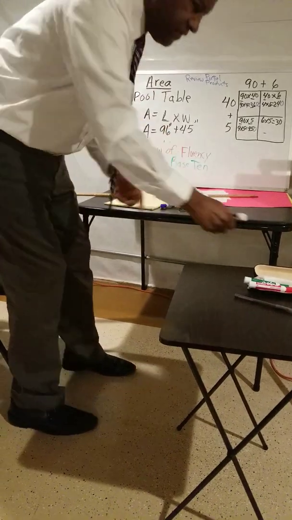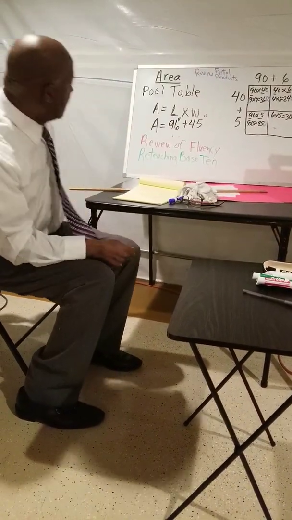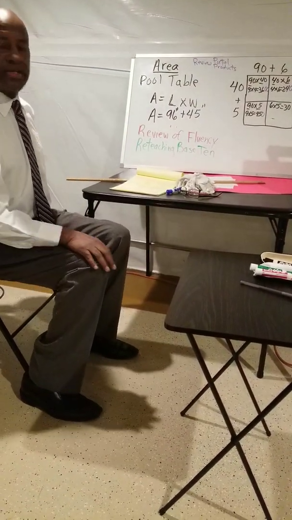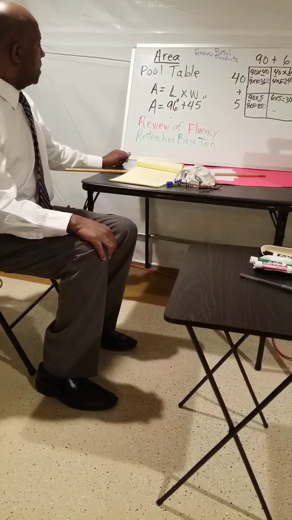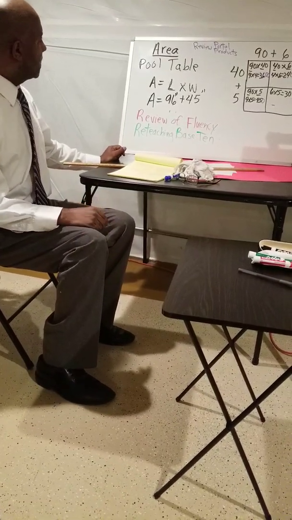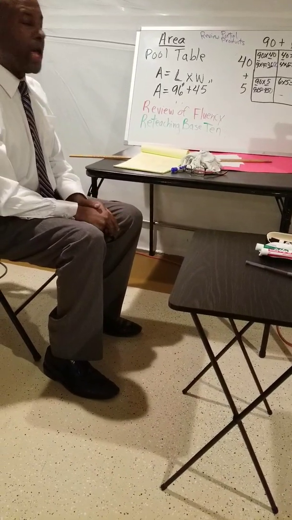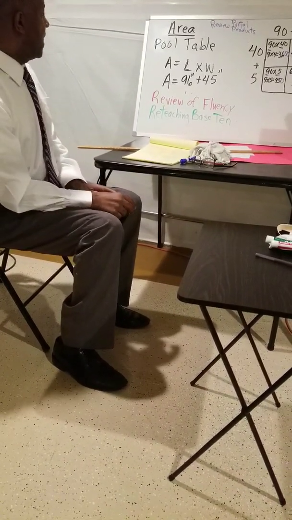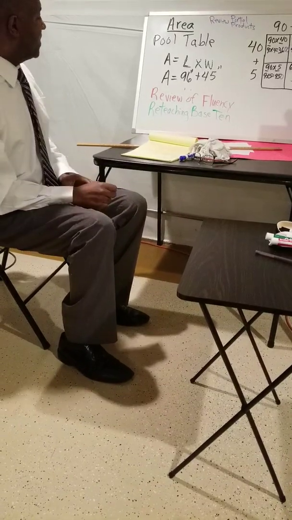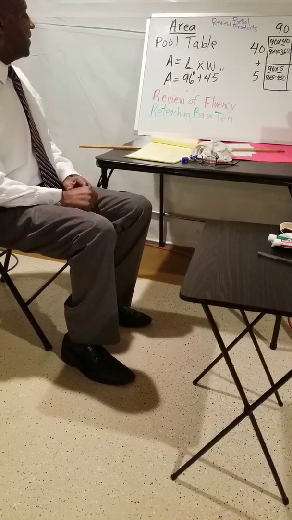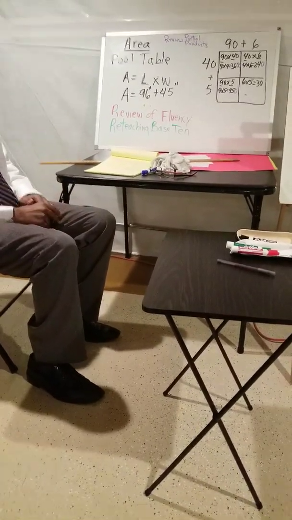So once again, the formula for area is length times width, L times W. So we know that one of the lengths of the pool table was 96 inches, and we had a width of 45 inches. So now we'll multiply to find out the area of the pool table.